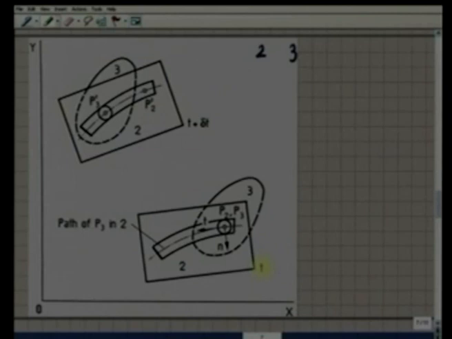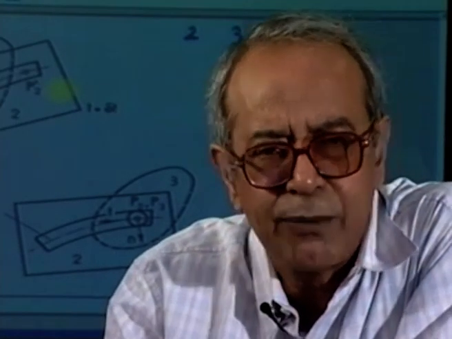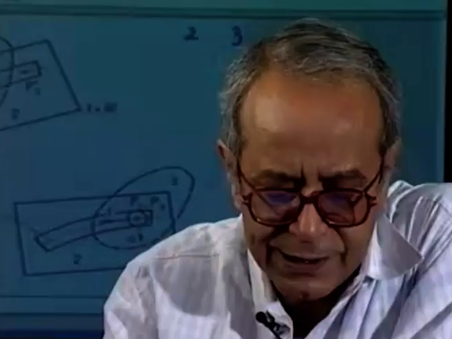After some time delta t, that is at t equal to t plus delta t, the body 2, which is moving, has taken up this new configuration, and it has rotated through some angle and moved through some distance.